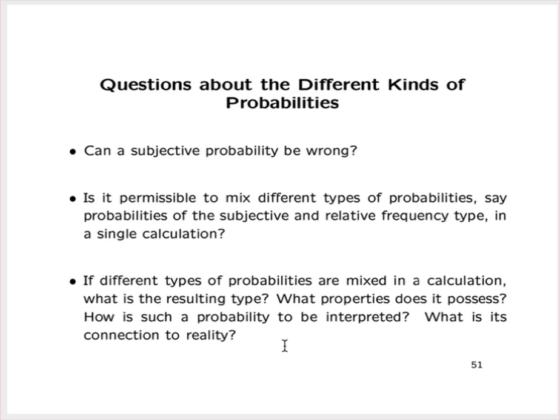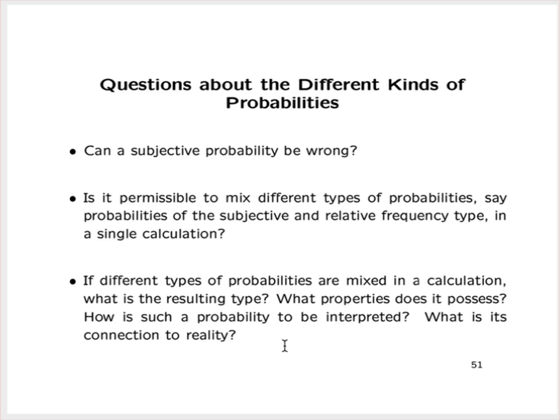We understand the connection to reality because, for example, in the relative frequency probability situation, we defined the relative frequency probability as the limit of the relative frequency of occurrence of the event as the number of trials goes to infinity.